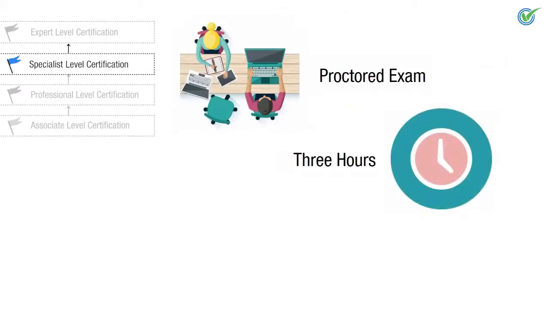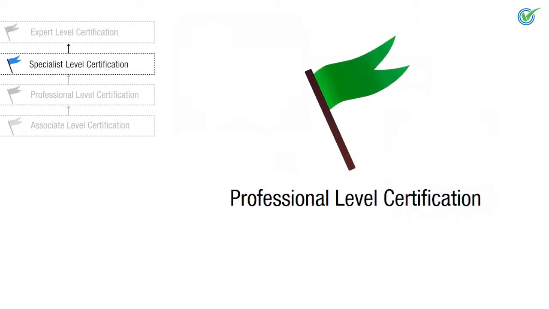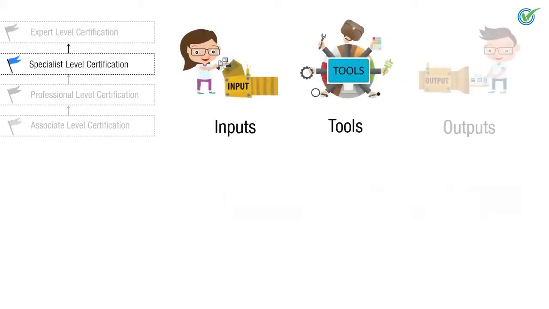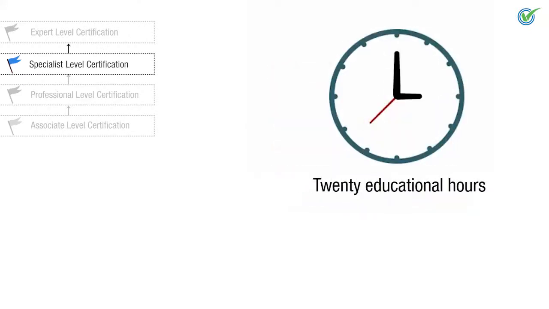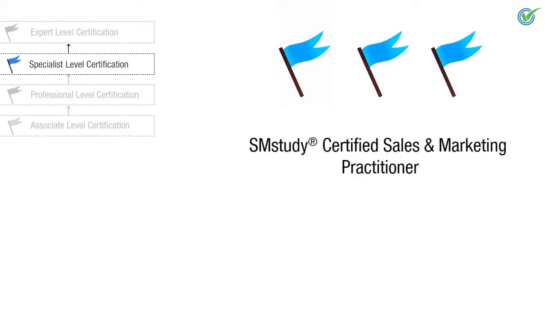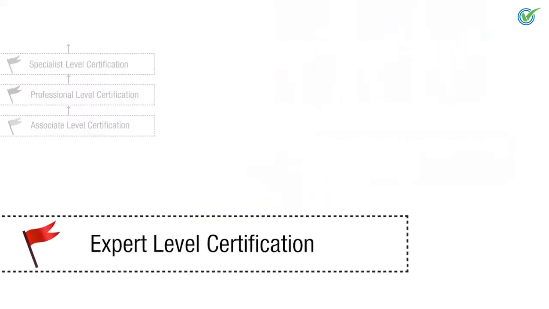The prerequisites are attaining the professional level certification for that specific aspect, a study of all the relevant inputs, tools, and outputs for each process, 3 years of related work experience, and 20 mandatory educational hours. Individuals who pass the certification exams for 3 or more specialist modules are awarded an additional certification called SMstudy Certified Sales and Marketing Specialist.